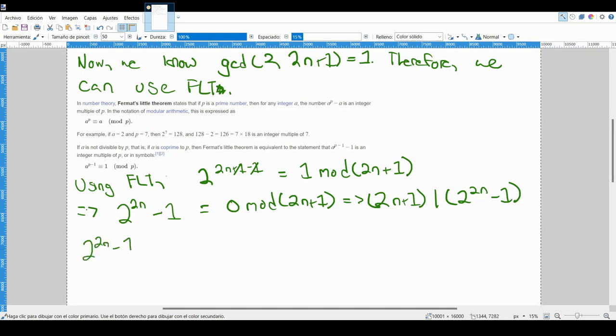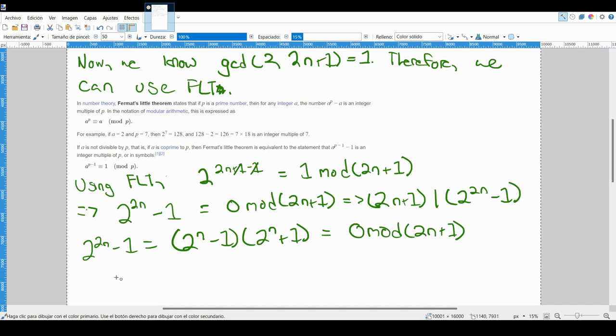We can note that it equals (2^n minus 1) times (2^n plus 1), which is congruent to 0 mod 2^n plus 1, which implies that 2^n plus 1 divides this product here, (2^n minus 1)(2^n plus 1).